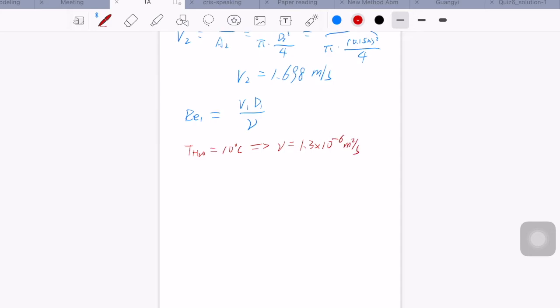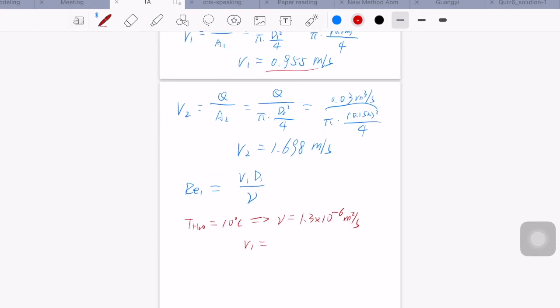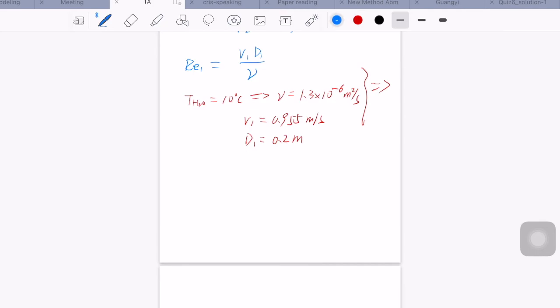We know V1 is 0.955 meters per second and D1 is 0.2 meters. So we can determine that the Reynolds number in pipe 1 is 1.5 times 10 to the power of 5.